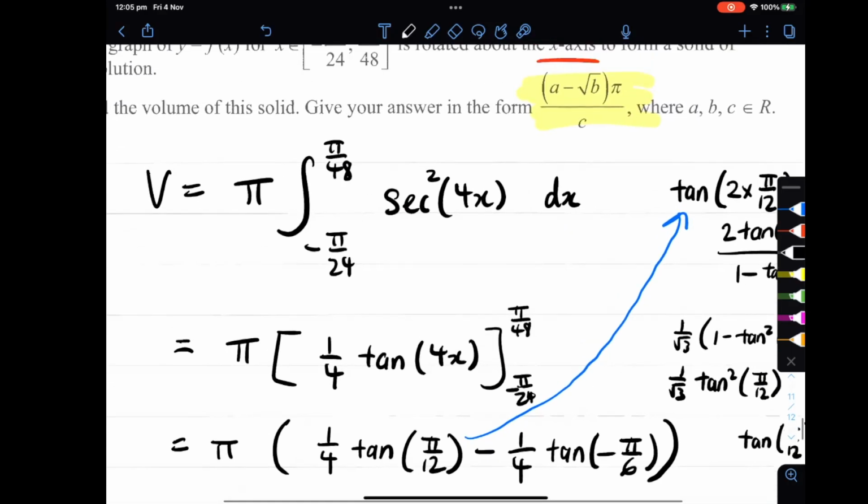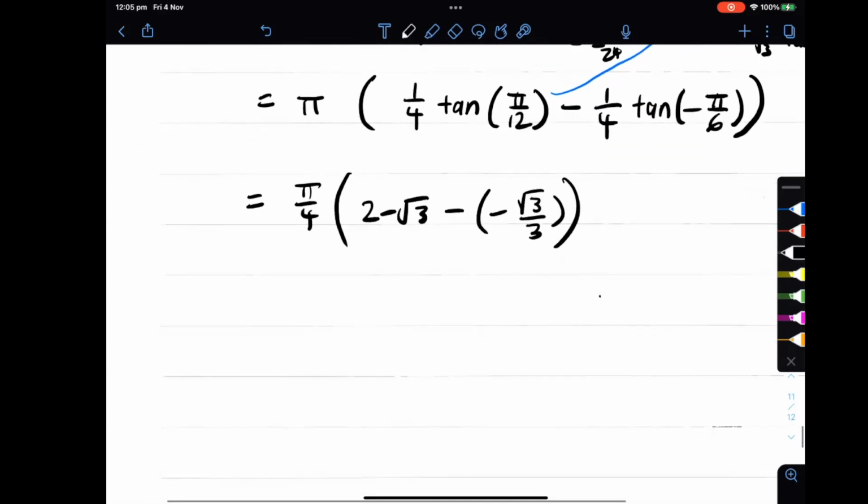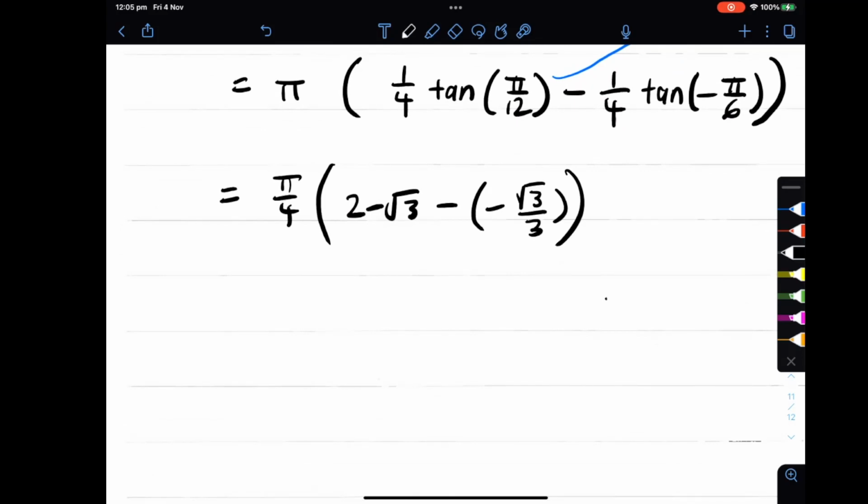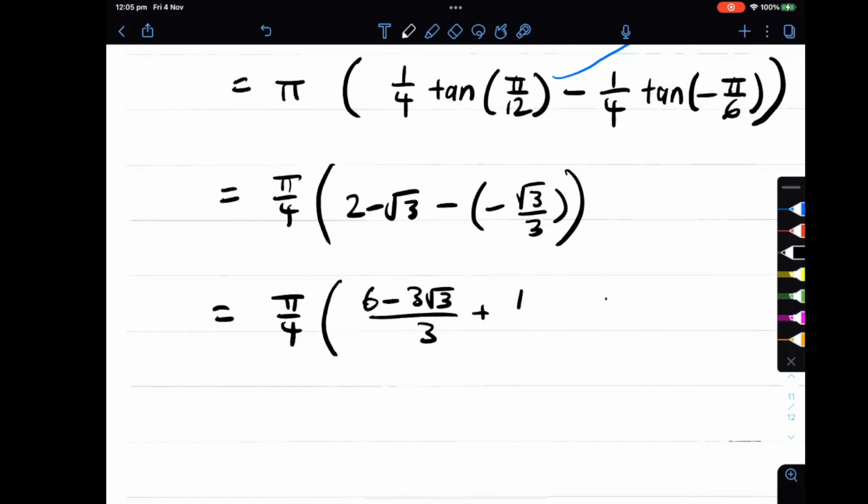Like that. So let's put everything all over 3, including these. We're going to get 6 minus 3 root 3 over 3 plus root 3 over 3.